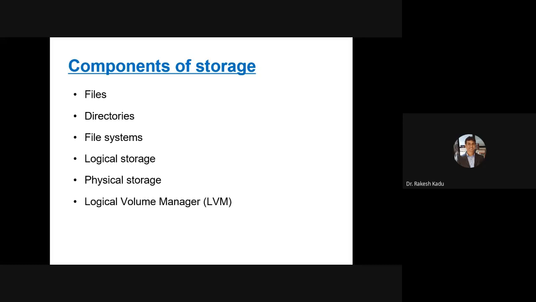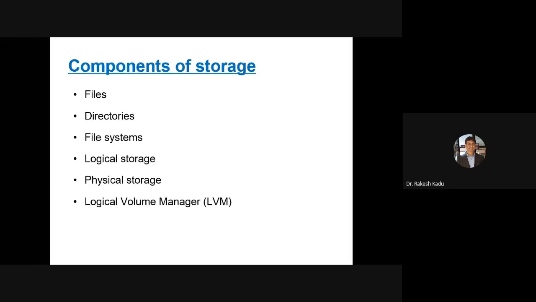SD means storage devices A, B, C, D. If you add a first storage device to your computer, it will have the nomenclature SDA. Earlier, older versions of Linux used HDA, that is hard disk A, hard disk B, but now it is called SDA, storage device A.